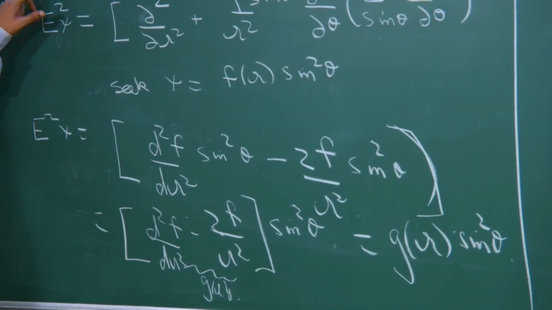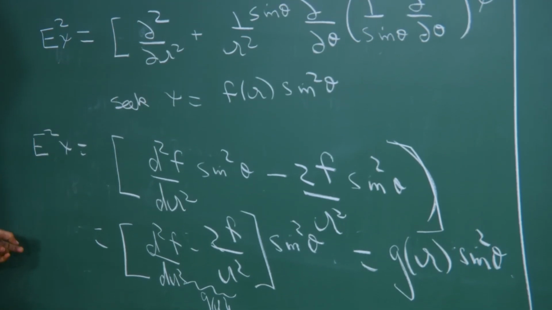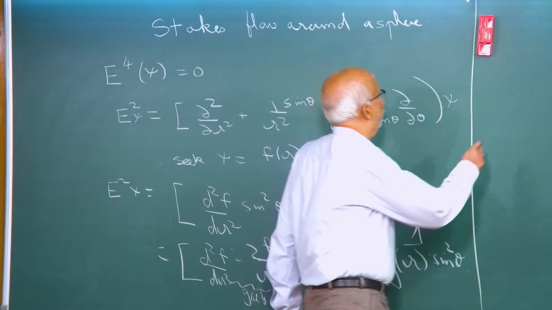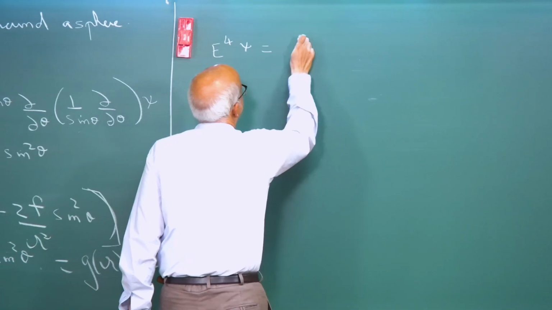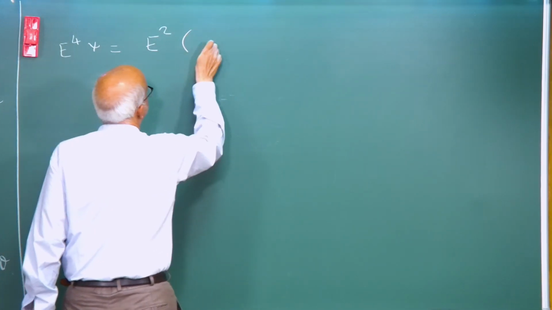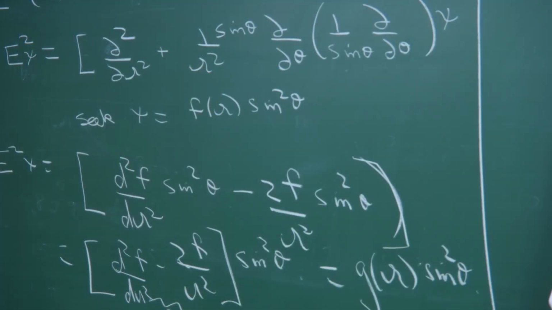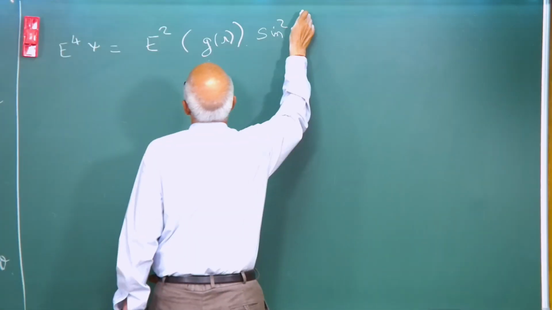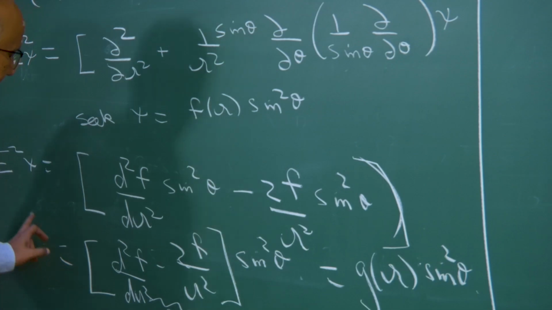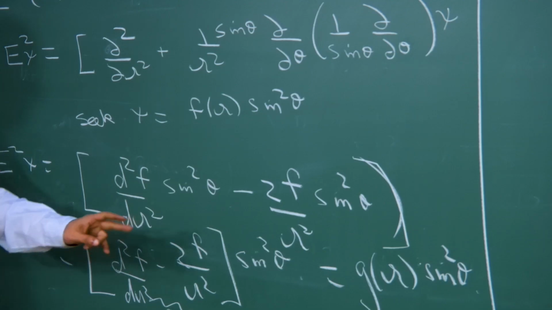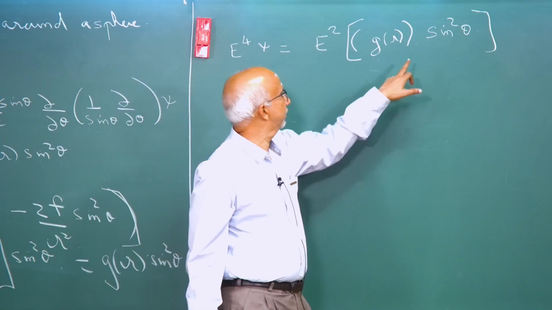Now I need to calculate E to the power 4 psi equal to 0. That means E square of this. So E to the power 4 psi is E square of g of r times sin squared theta, because I operate on both sides by E squared. So what I had earlier was f, instead of f I have g.